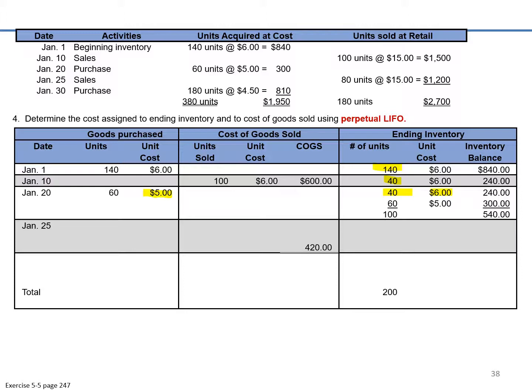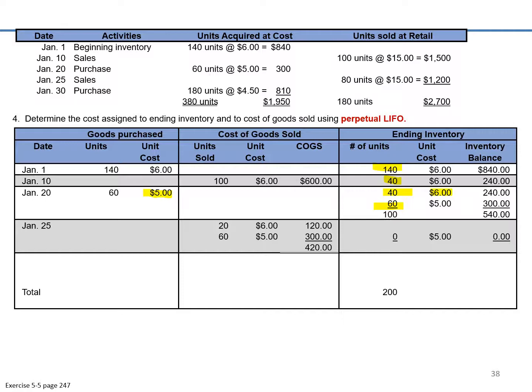So the last in were these 60 units. So those are going to be the first ones we sell. So we're going to sell all 60 at $5, which means we need how many more to get to 80? We need 20. So we're going to sell 20 from our beginning inventory at $6 for a total of 120.